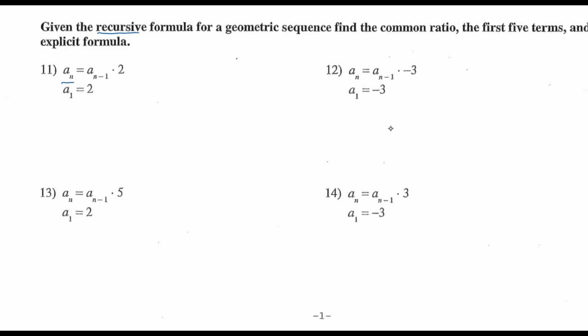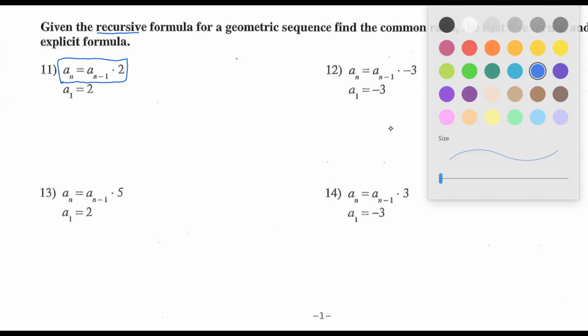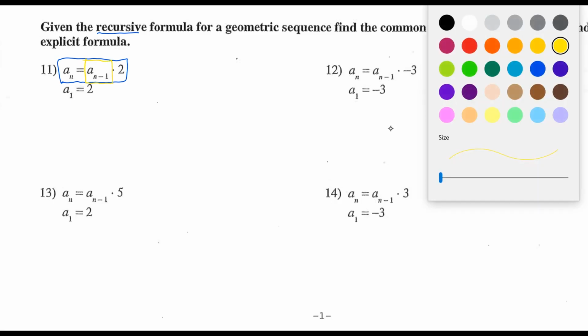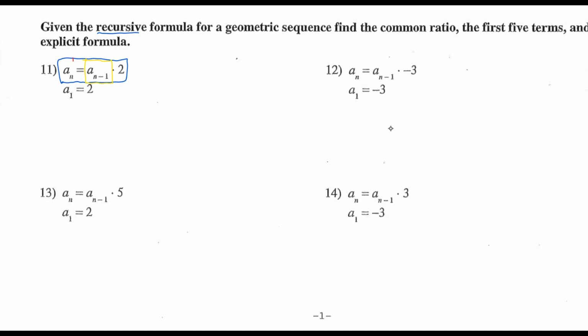What they have here is the recursive formula. It's a recursive formula because you use n minus 1, the earlier number in the sequence, to find n, the later number in the sequence.